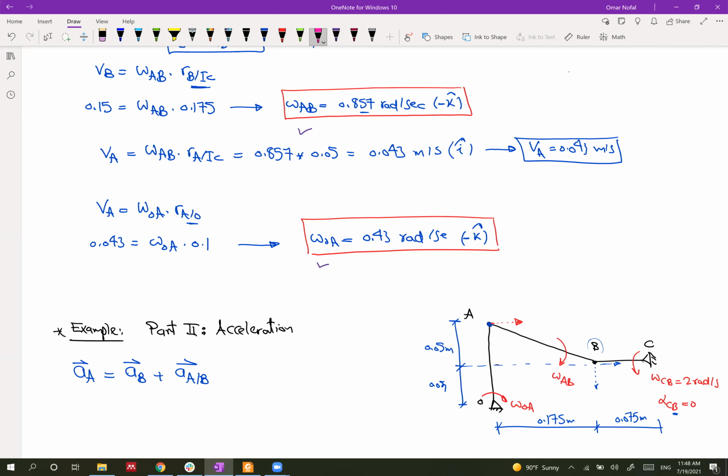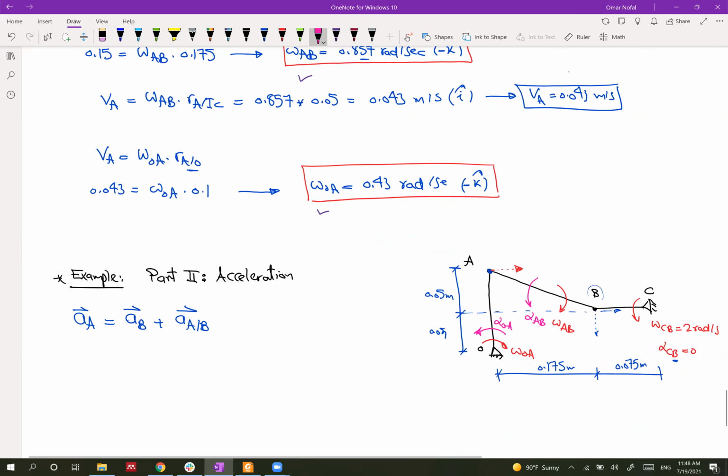So what if we make an assumption that the alpha AB is in opposite direction, and the alpha OA is in opposite direction like this. We need to make assumptions, and if it gets negative, that means it's in opposite direction. So why we need to do this? So we can start with something to build this equation.